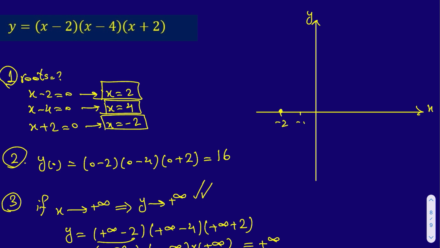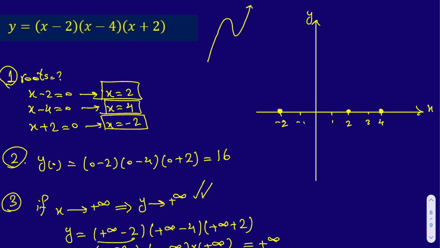This is 1, and then the next one will be 1 and 2, and the next one 3 and 4. This is 4. So as you see, 3 points which are the roots, and these are the points where the curve intercepts the x-axis.